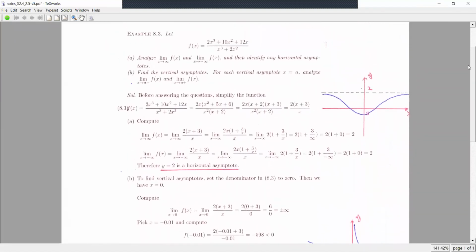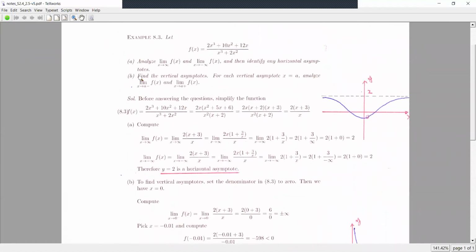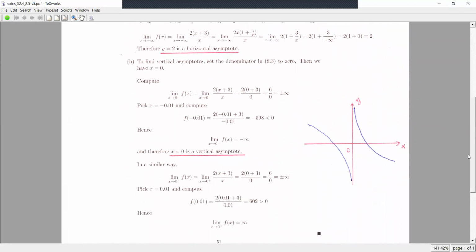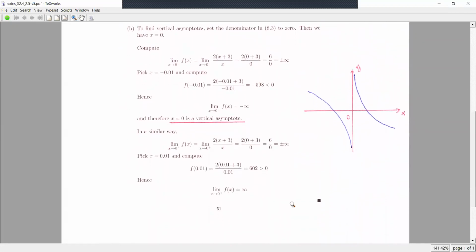According to Part B, we are required to compute left-hand limit and also the right-hand limit. We are done with the left-hand limit. Now, let's compute the right-hand limit at 0. By direct substitution, plugging 0 in x, then the right-hand limit is this number.